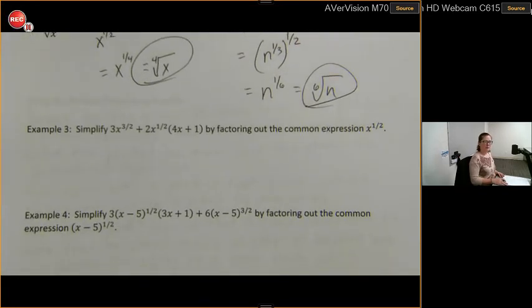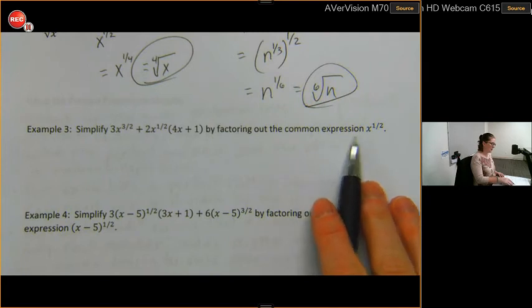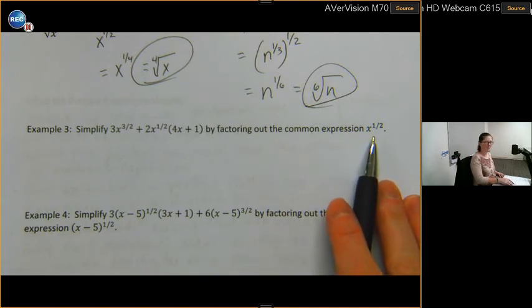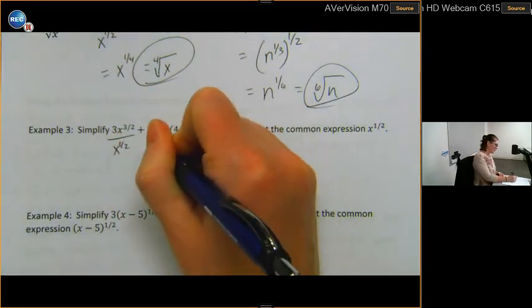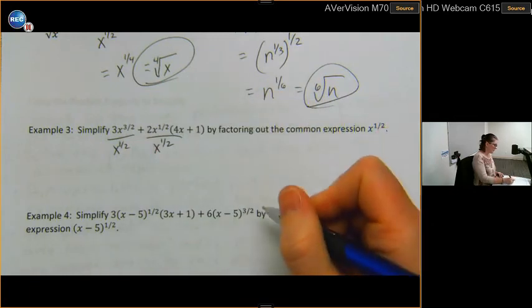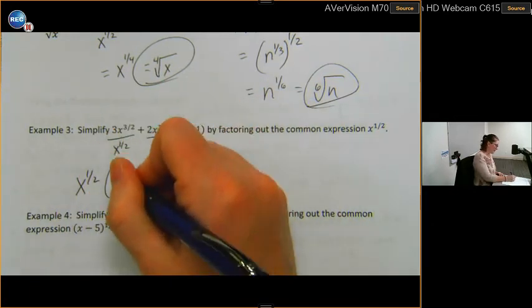The next two problems are kind of similar to one another. We have this big expression. It says simplify it by factoring out, and we're told to factor out the common expression x to the 1/2. So factoring is just dividing. So I'm going to divide each term by x to the 1/2. And when I do that, I'm going to subtract the exponents.